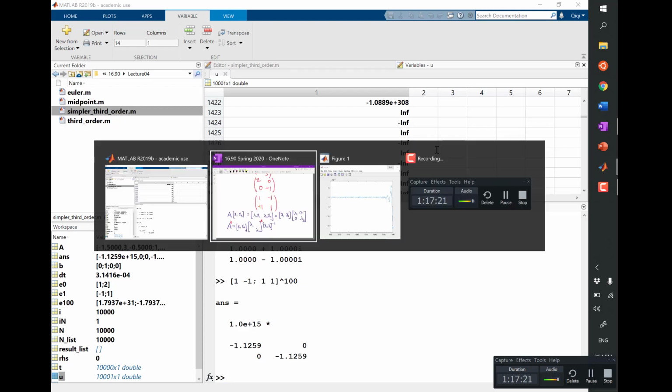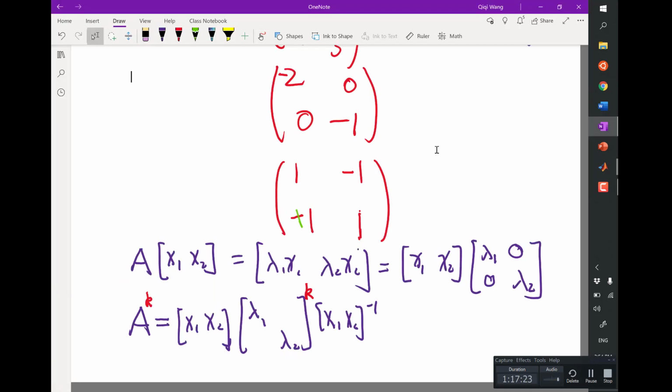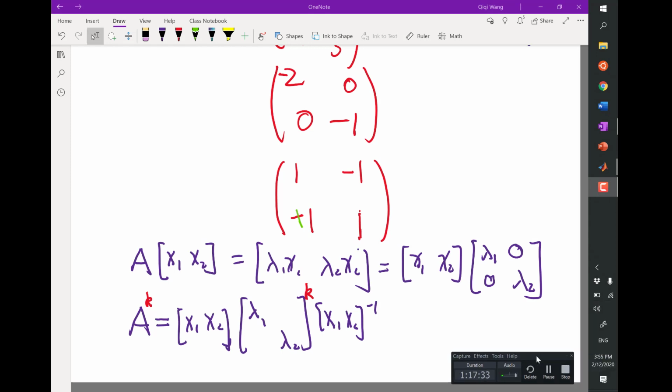So whenever you analyze the stability of something, this lecture is just a very first introduction to the effect of stability in numerical methods. But such analysis is going to be pretty much everywhere.